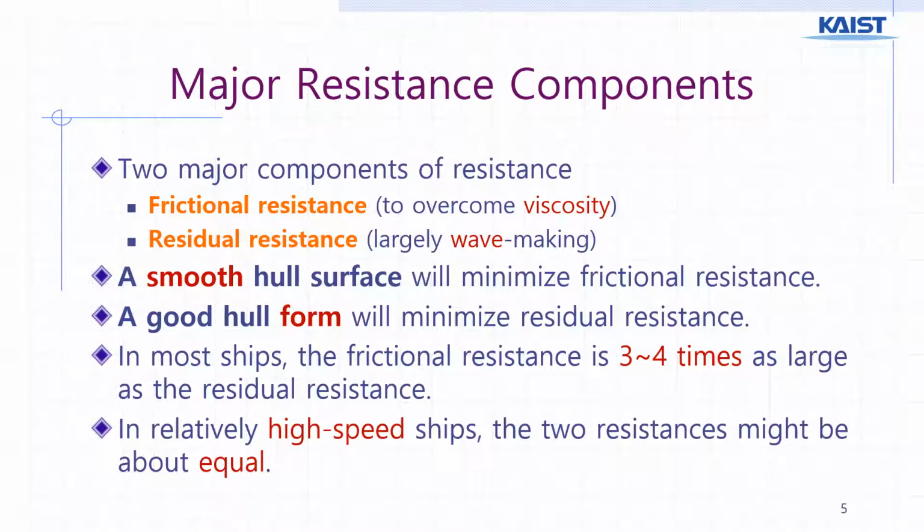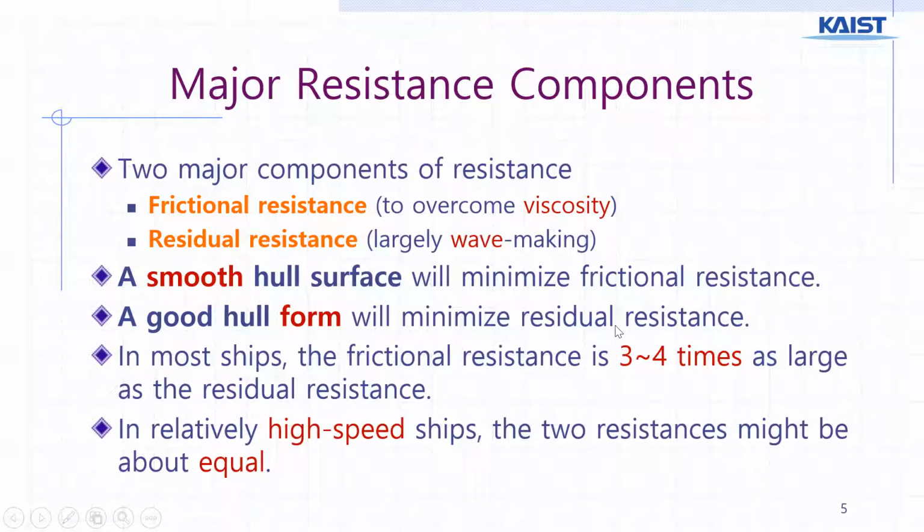And the ship hull surface is usually smooth, with C2 continuity, which minimizes frictional resistance, but it is still there. So as a designer, you should design a good hull form to minimize residual resistance too, not only frictional resistance.